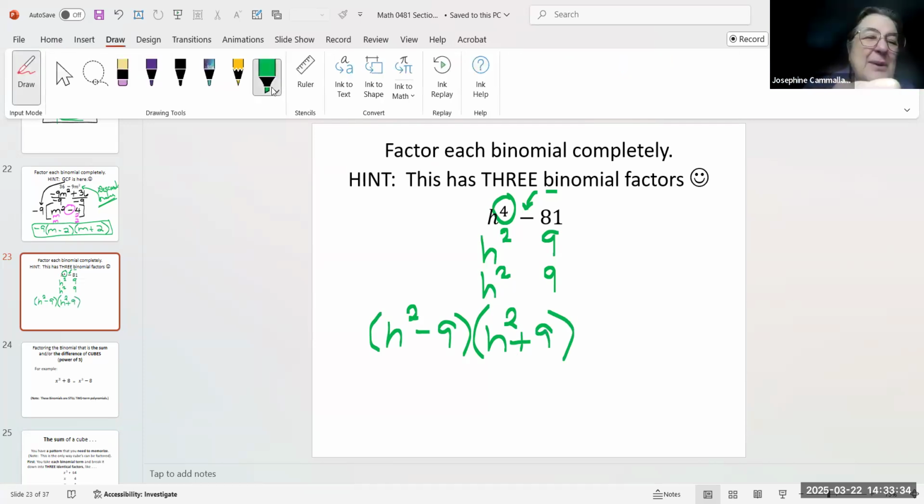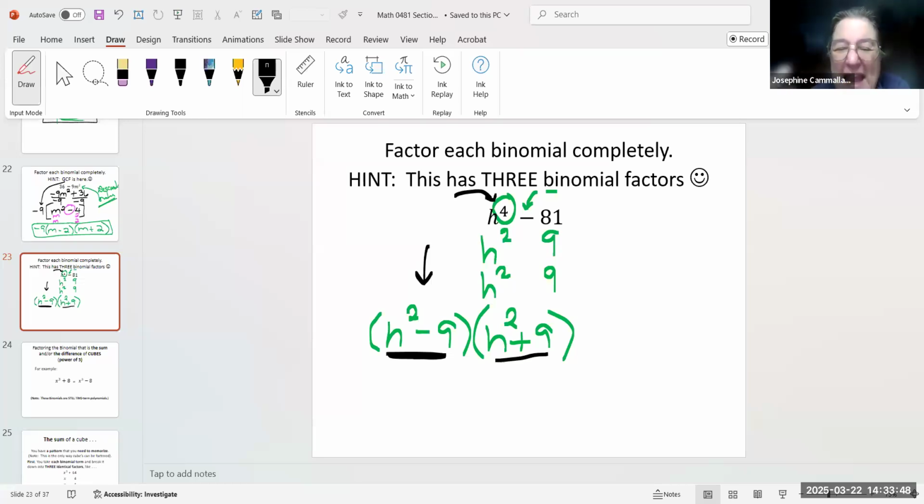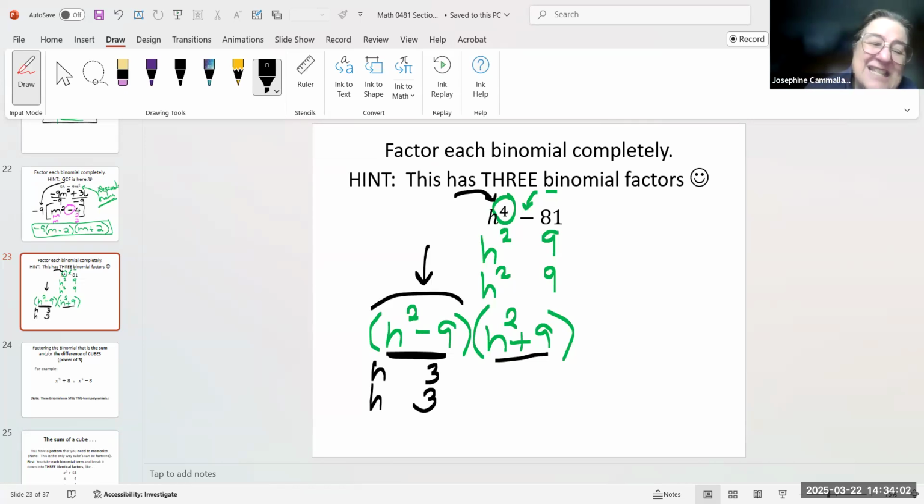The only problem here is right here. Because we started out with a 4, look at this one. We know that we can't do anything with h squared plus 9. It's got a plus in the middle. But with the minus, this is h, 3, 3. This is going to create 3 binomials.